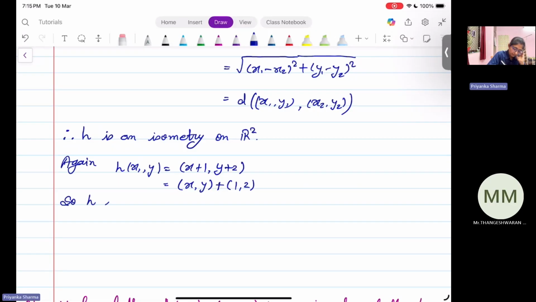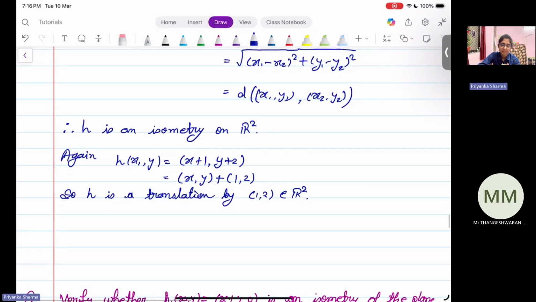So H is a translation by this point (1, 2) belonging to R square. Okay.